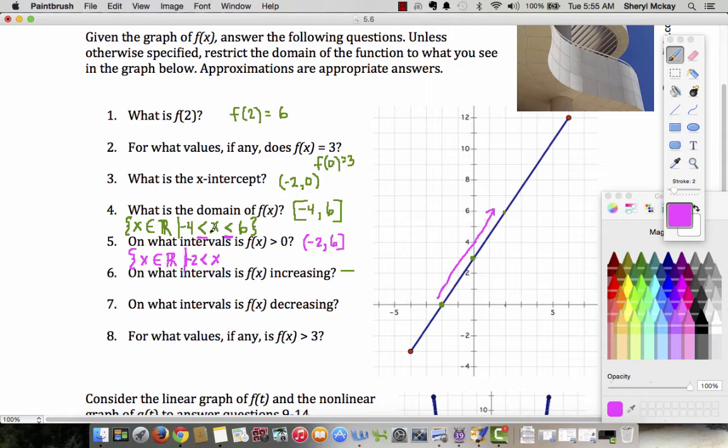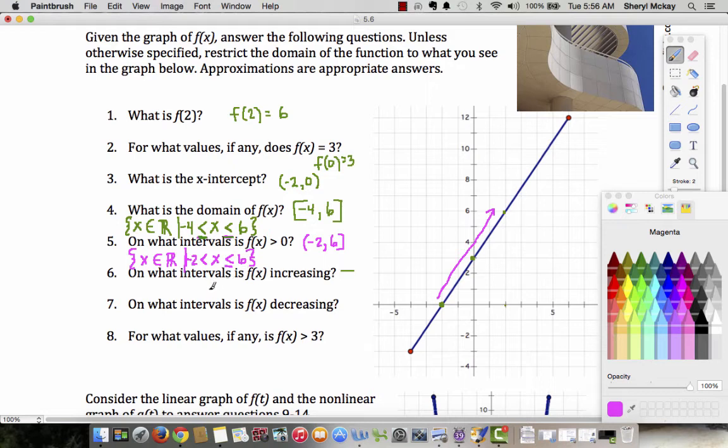Do you see how I missed that? So let's make sure that we get that right. But in this situation, x is greater than -2, but it's not equal to -2, because when x is -2, y is 0, which is not greater than 0, right? But x is also less than or equal to 6. Close curly braces. All right? So that's set notation.